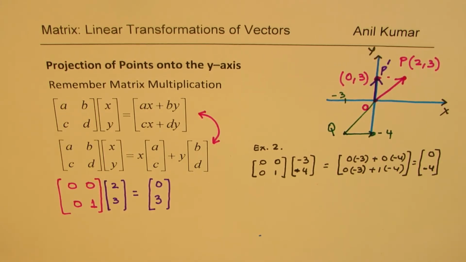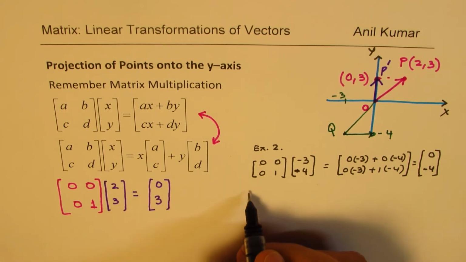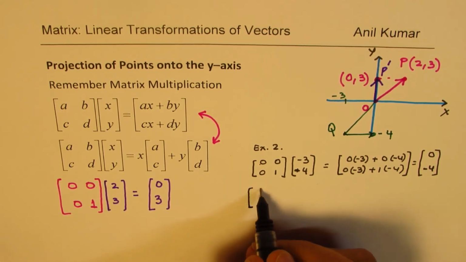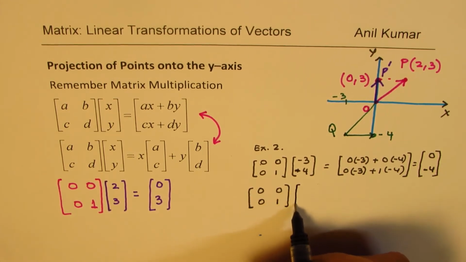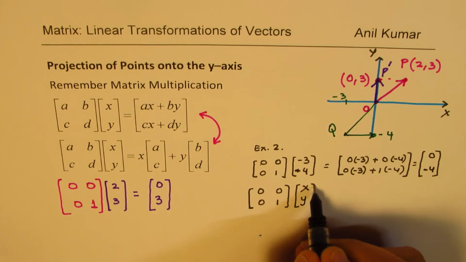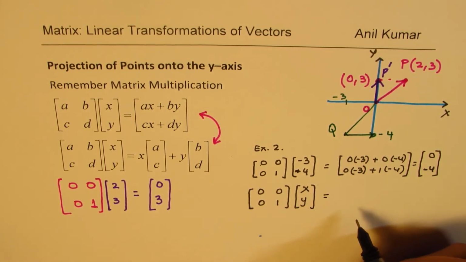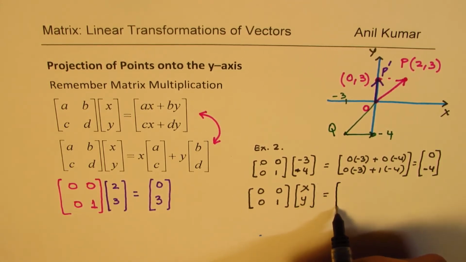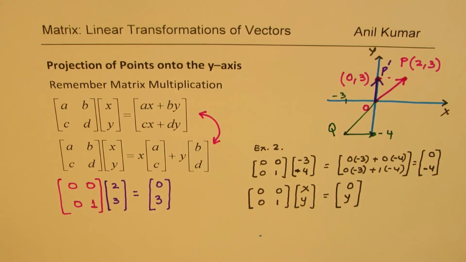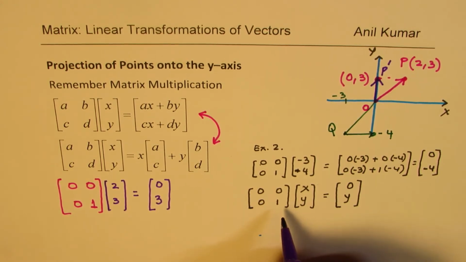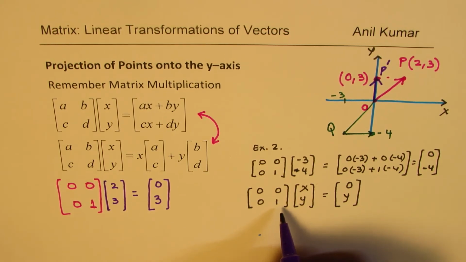So that means in general, our matrix, which is 0, 0, 0, 1, working on any x and y point in R2 will result into what? Will result into the same value of y but 0 for x. So that becomes your matrix which could do the projection onto the y-axis.